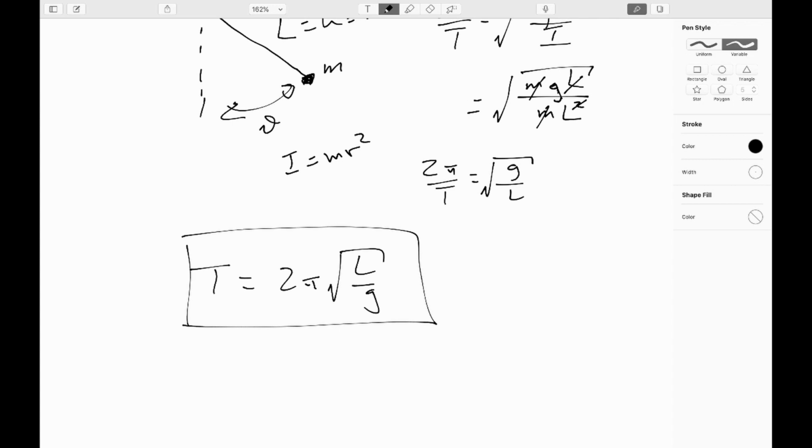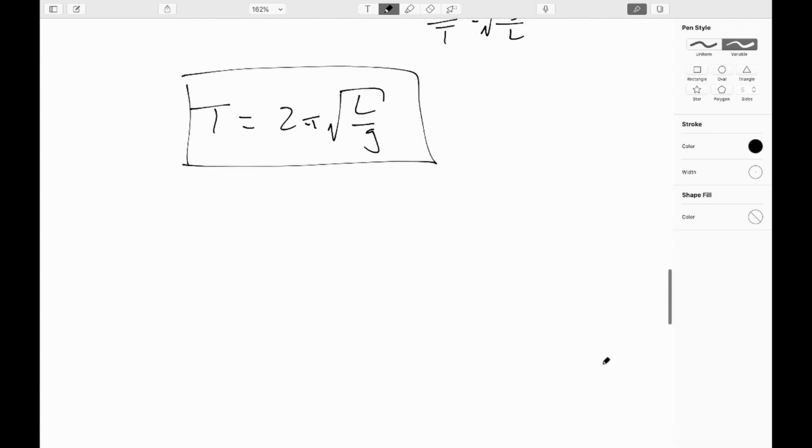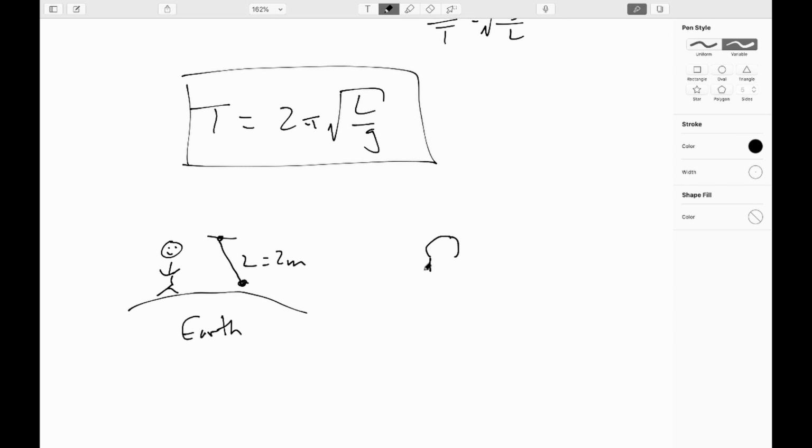So as an example of this, let's say that on Earth here, you built yourself a pendulum, and the length of the pendulum is 2 meters. Now let's say your friend on the moon, let's see how well I can draw a spacesuit.